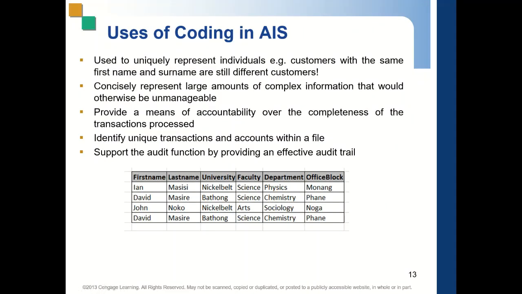Okay, so now let's talk about coding. Here is that example that we were looking at earlier when we were talking about the flat file model versus the database approach. Now, in this case, each row represents a record. So for instance, this row is a record pertaining to this individual.